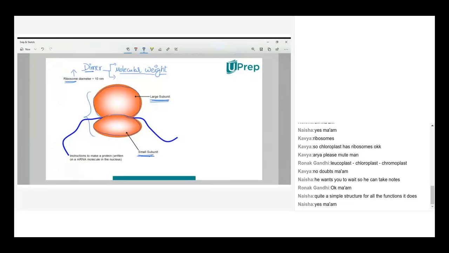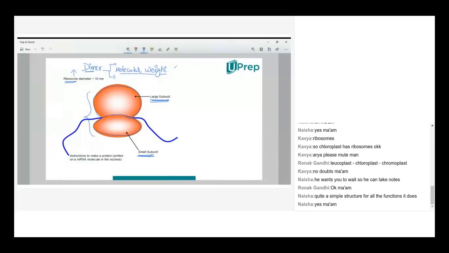It's a simple structure, but it carries out a lot of important functions in the cell. By seeing the size, we can't judge the ability of a thing, isn't it? The same applies for ribosomes.